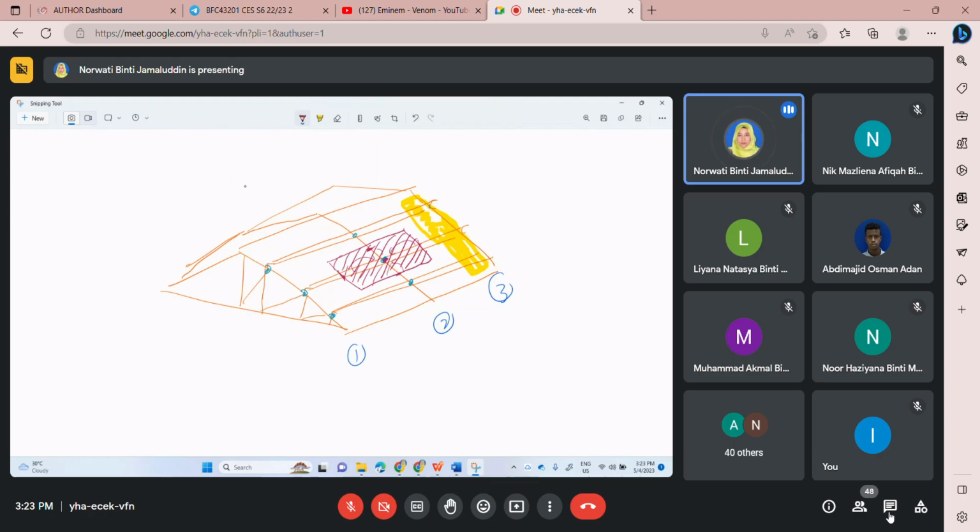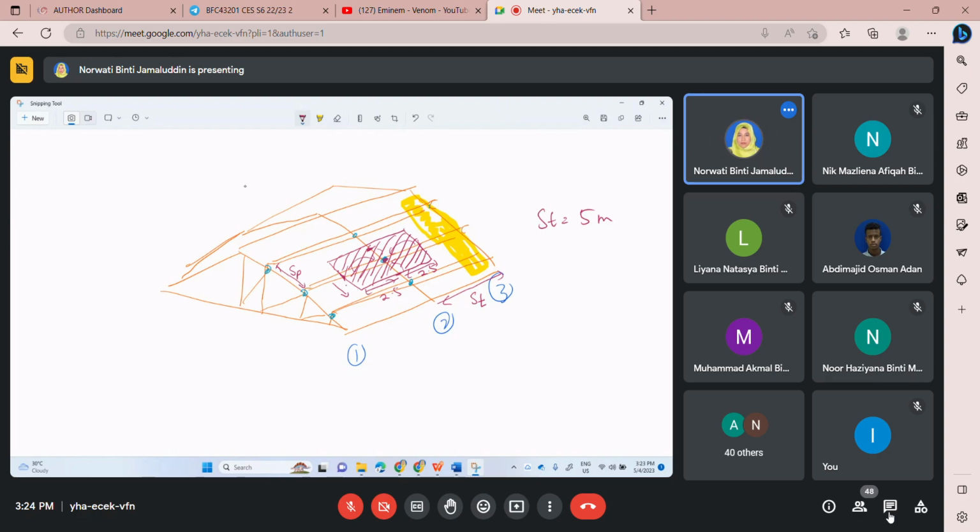When I said half, is it ST or SP? ST, right? So ST in our example is 5 meter. So here 2.5, then another half 2.5. Then this one is SP, the purlin spacing. Only half of it.